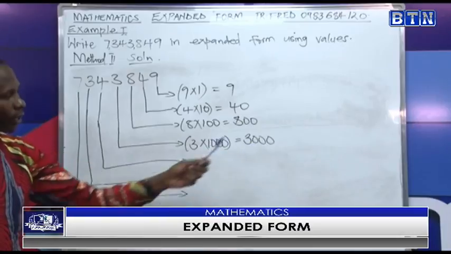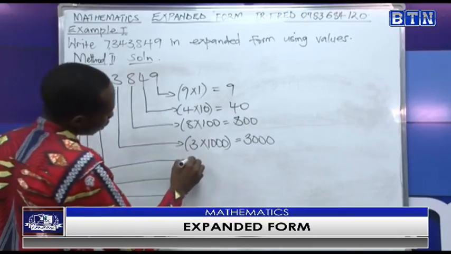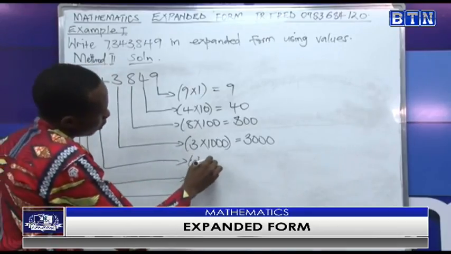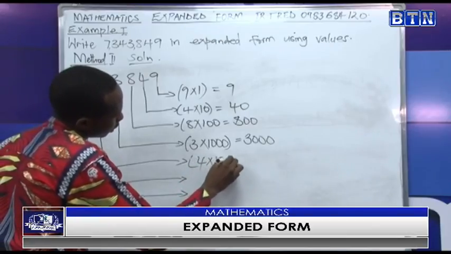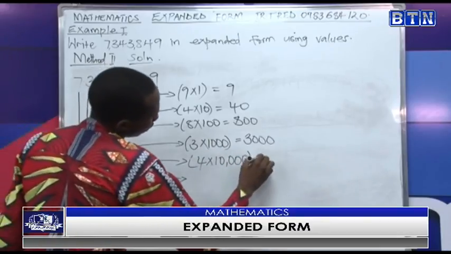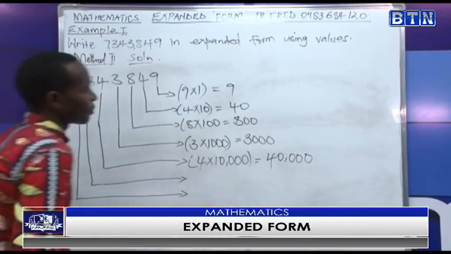The next one has 3. Meaning that the next one will have 4. So we shall also come to the next digit and we say it is 4. So we shall have 4 times 10,000, because from 1,000 we go to 10,000, which will give us 40,000.